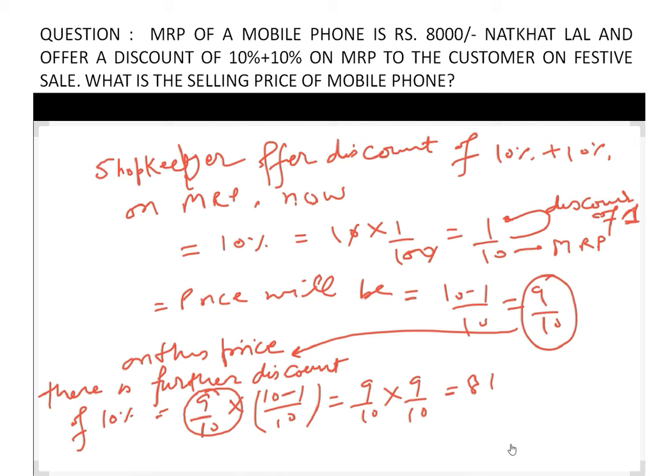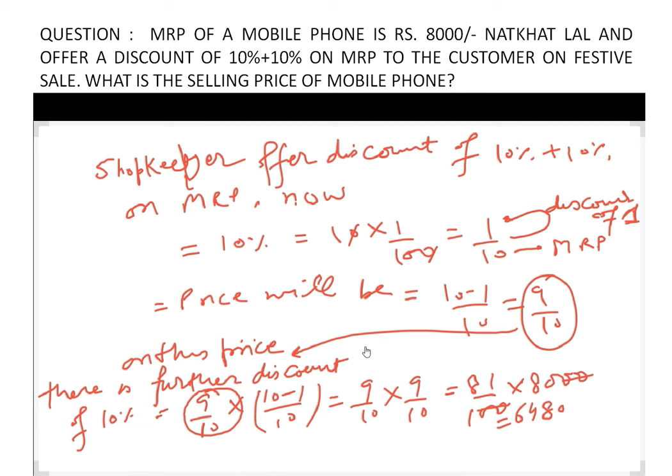So for a 100 rupees item, we have to pay 81 rupees. The actual MRP is 8,000. So we will multiply 81 upon 100 with 8,000. It will come out to be 6,480 rupees.